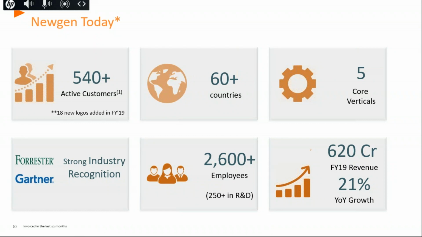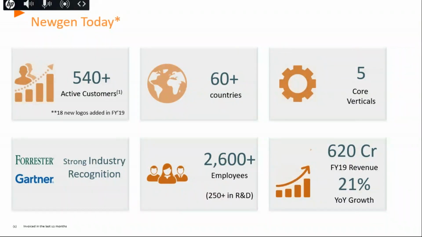We cater to 5 core verticals: banking, insurance, government, and enterprise. Throughout our operational years, Forrester and Gartner have rated us very strongly in various product buckets that we are in.